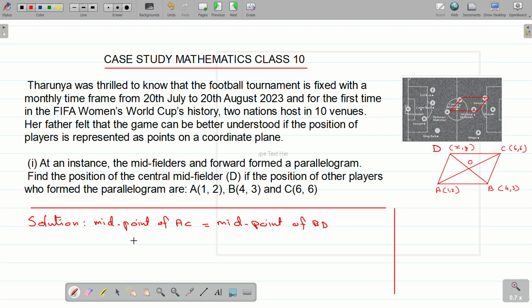Midpoint of AC, that is (x1 plus x2) by 2, that is (1 plus 6) by 2. This is the x coordinate of the midpoint of AC. And the y coordinate of the midpoint of AC will be (y1 plus y2) by 2. Midpoint of BD, that is (4 plus x) by 2.